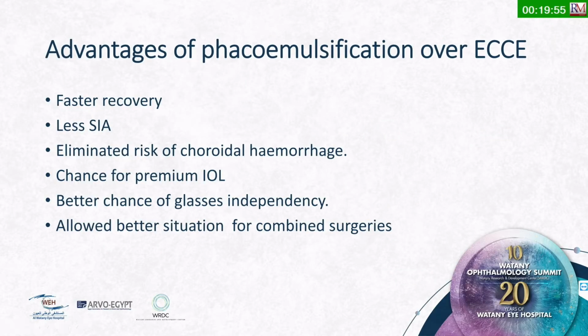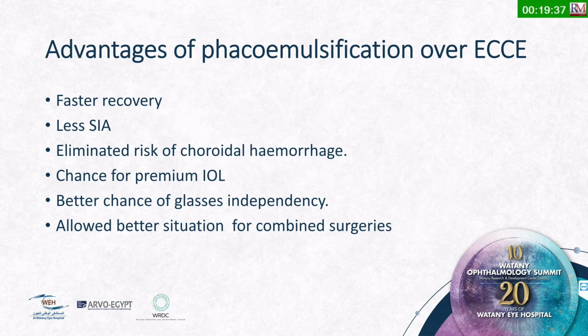I don't have to mention the many advantages of phacoemulsification over extracapsular cataract extraction: faster recovery, less surgically induced astigmatism, and it almost totally eliminated the risk of choroidal hemorrhage.